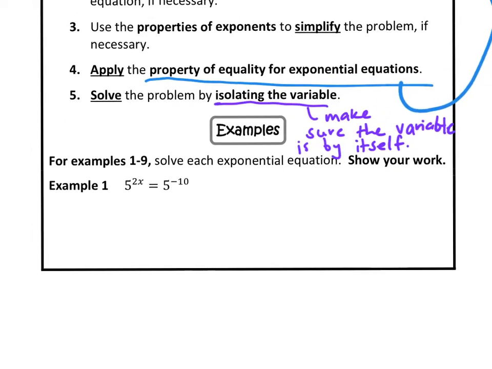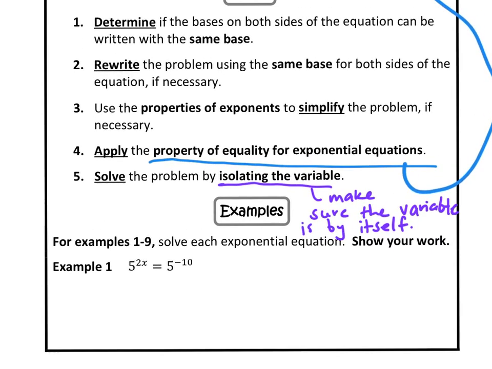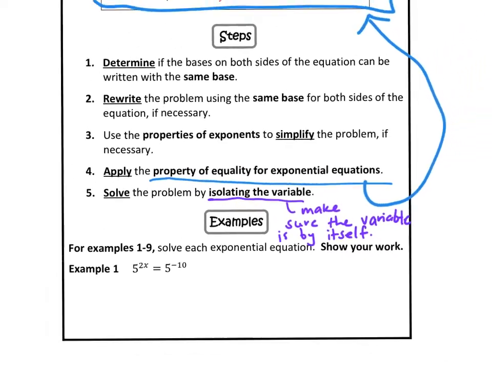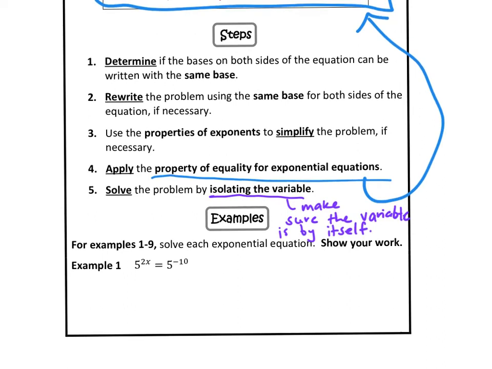So, example 1, remember, step 1, let me zoom out a little bit so we can see step 1. Step 1, determine if the bases on both sides of the equation can be written with the same base. Okay? So in other words, do both sides of the equation have the same base?